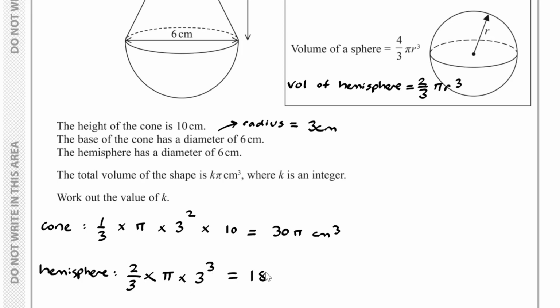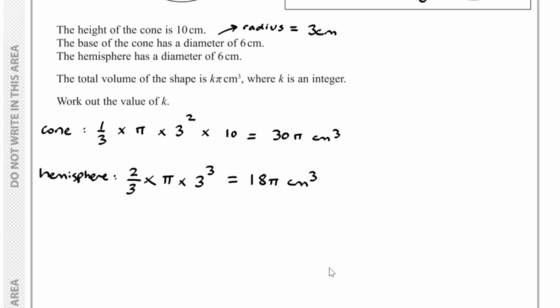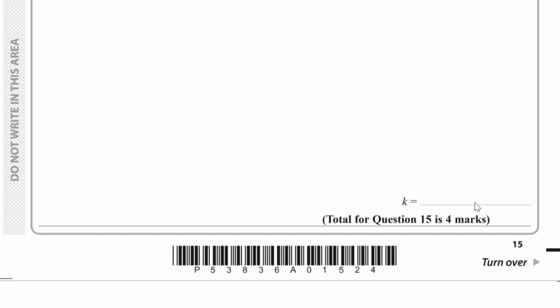Turns out we get 18 pi centimeters cubed, and therefore the total volume, that's equal to 30 pi plus 18 pi, which is 48 pi centimeters cubed. In other words, k is equal to 48.